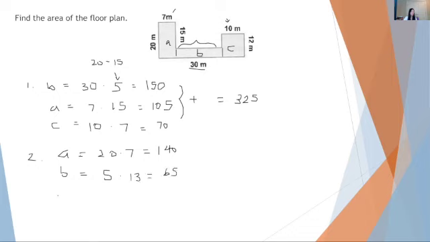So it's 65. And then for this last part, we can multiply 10 by 12, because those are the side lengths. That's 120. Now, if you were to add all of these, we should also get 325, and it seems like we do.